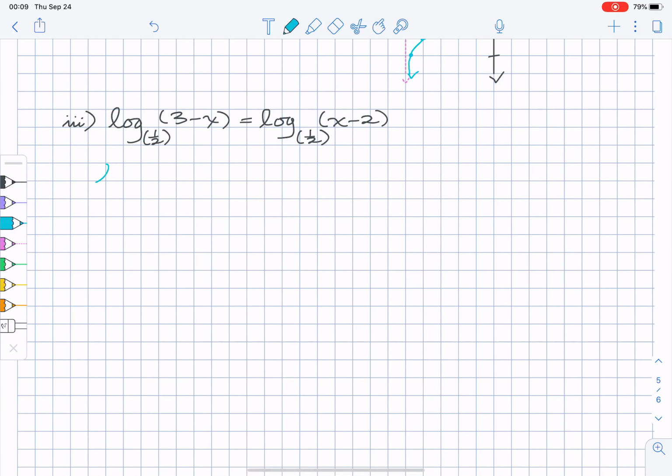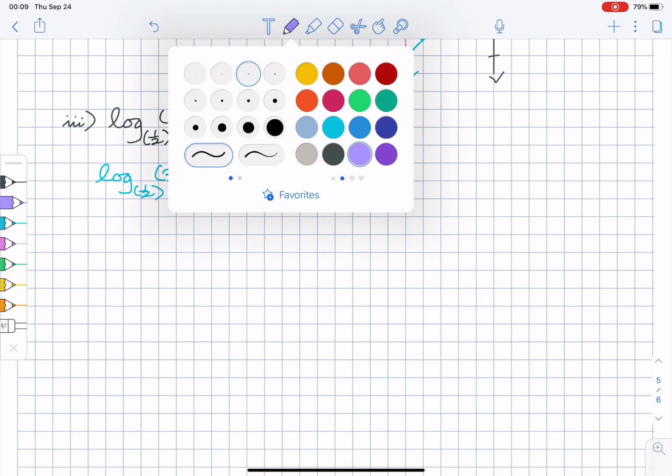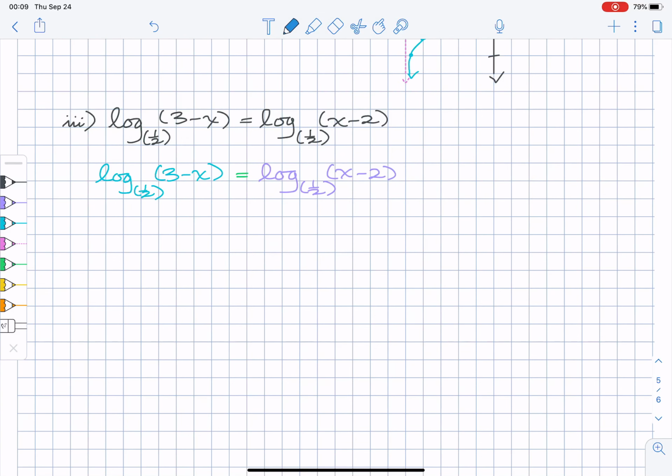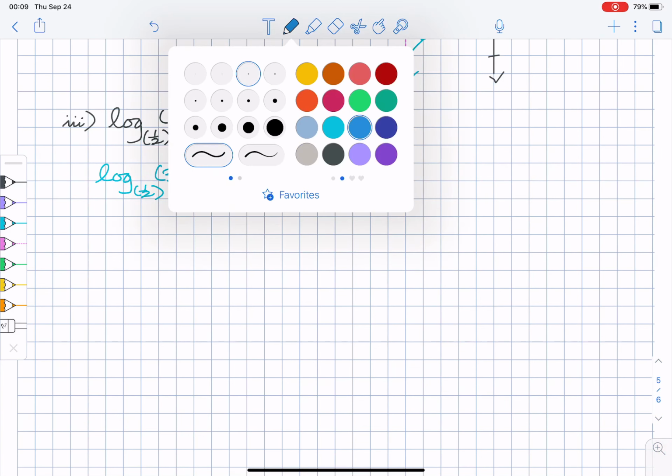So we have log base 1/2 of 3 minus x, and that's going to be equal to log base 1/2 of x minus 2. Okay, so what's happening on the right? If I have a negative x, let's deal with that first.